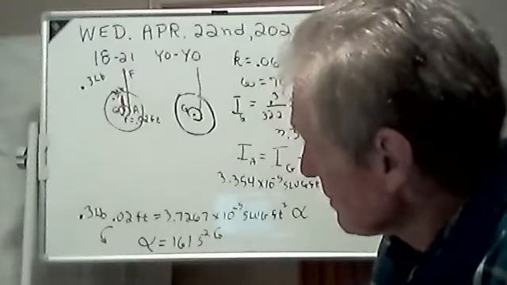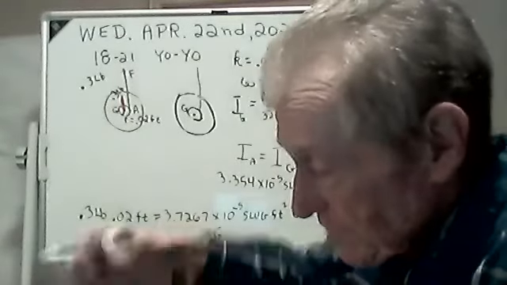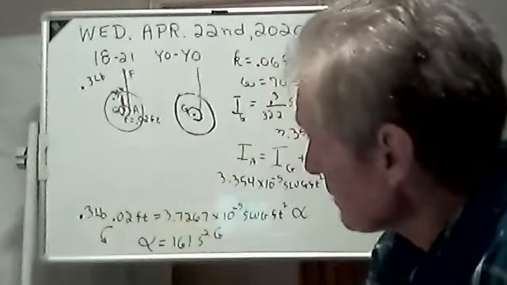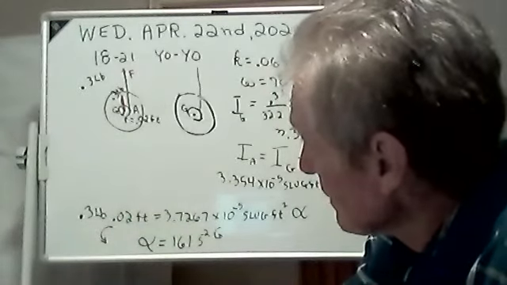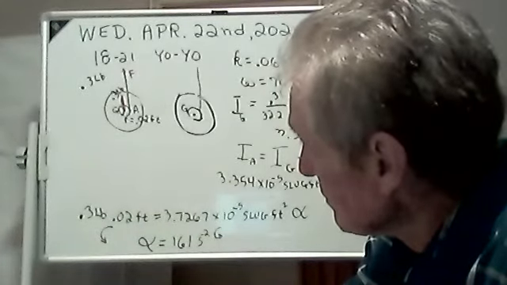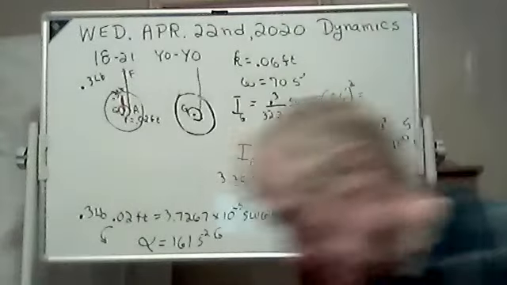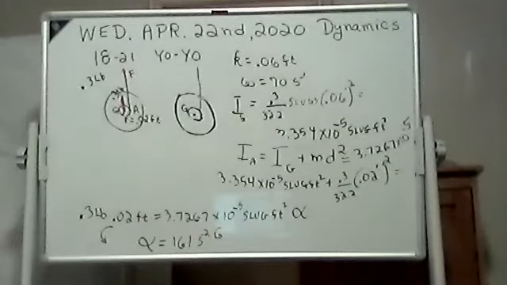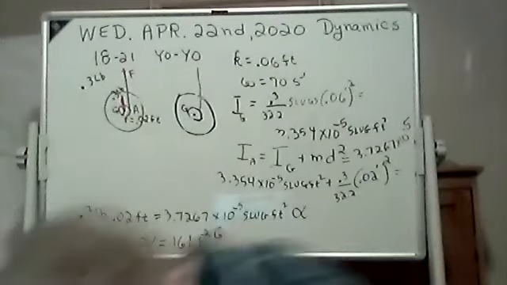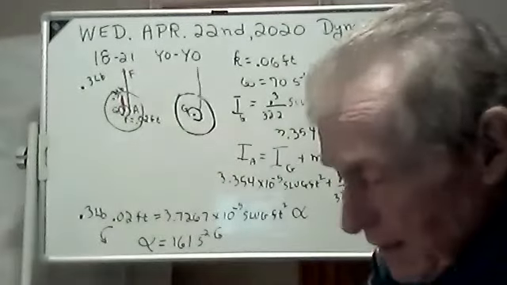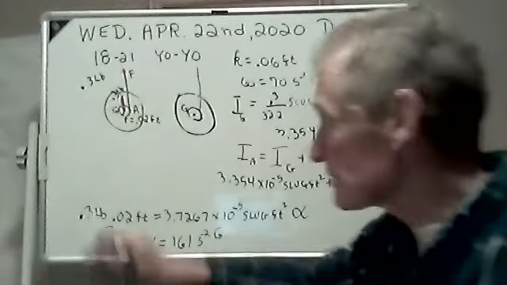Now they said it's going to go faster and faster, and it's going to have an angular velocity of 70. Is that what they said? 70? Let me read it again. 70. Yeah. Well, we have an equation that goes like this.